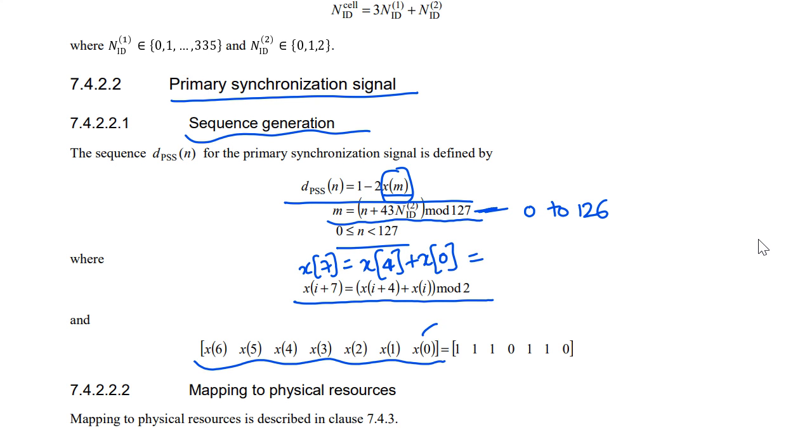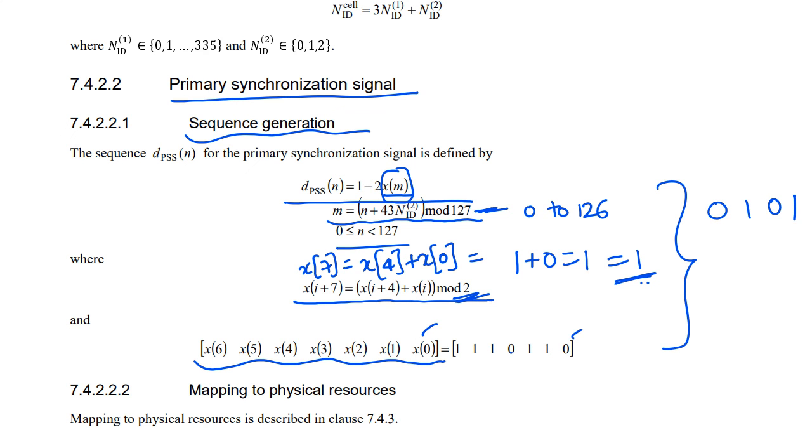So 0 is here, there is 0, plus x of 4, which is 1, will become 1. 1 mod 2 is again 1. So x of 7 will be 1, like that. If you take all the sequences, then finally you will end up with 0 1 0 1.